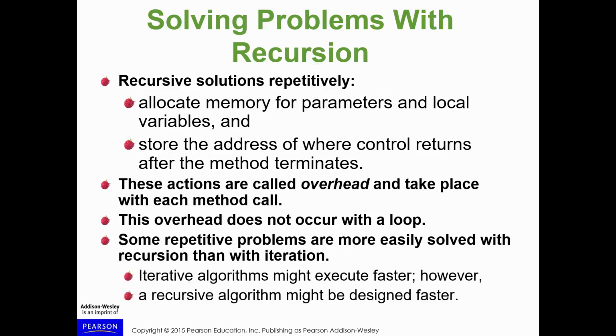Some repetitive problems, as mentioned at the bottom here, are more easily solved with recursion than with iteration, but virtually always an iterative algorithm is going to execute faster, while a recursive algorithm may be up and running faster, and it may result in less code.